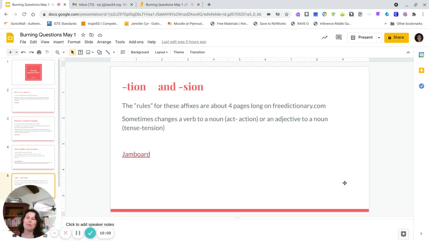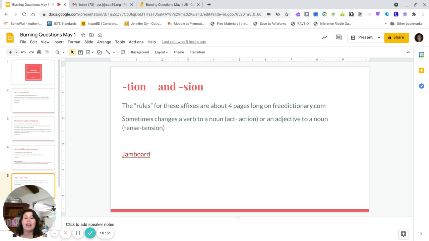We're cooking here. We had a question about any rules governing when to use TION versus SION. So I looked it up. There's this great website called freedictionary.com, and the rules governing TION and SION were, and I'm not kidding, 4 pages long. So, you could say that the suffix changes a verb to a noun. To act becomes an action.